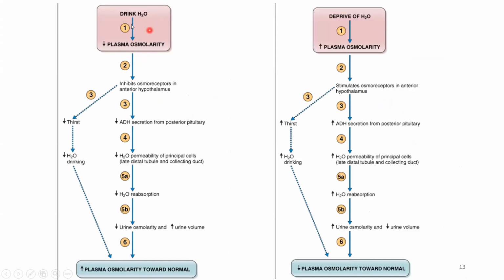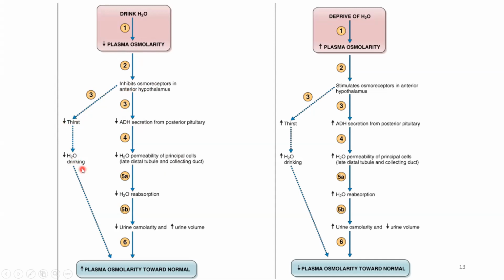If there is water abundance, the plasma osmolarity drops. It goes below 280. This should inhibit everything because everything is basically switched or targeted for increase in plasma osmolarity. So when you decrease plasma osmolarity, the osmoreceptors get inhibited, ADH secretion goes down. When that goes down, everything that ADH does goes down, and concurrently, when you have decreased plasma osmolarity, the thirst center gets inhibited.